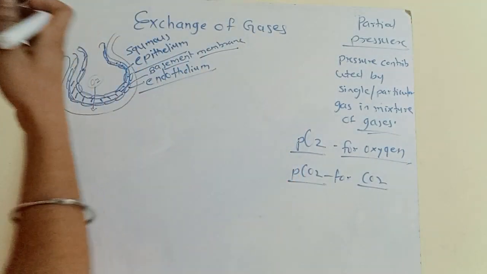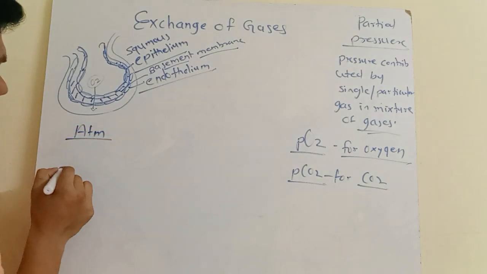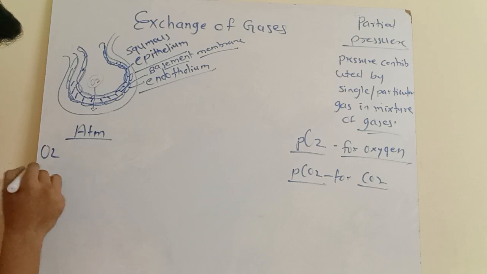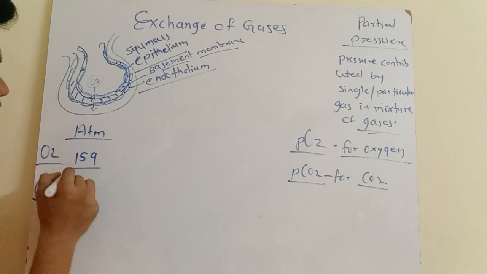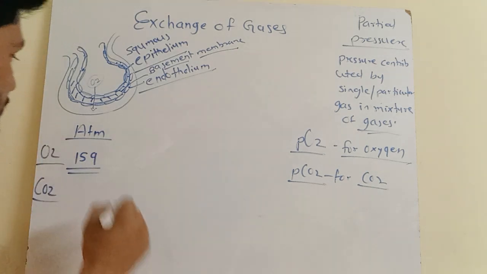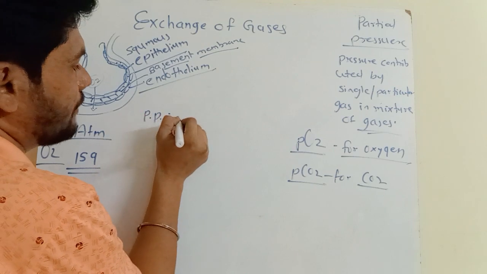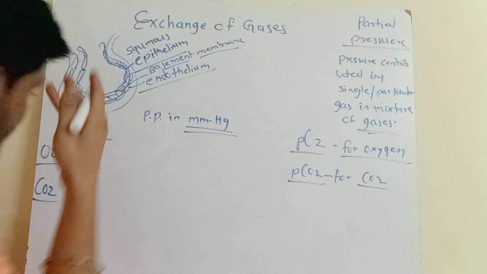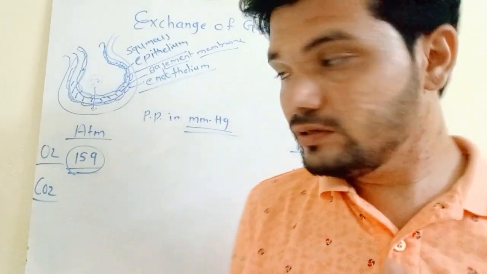So in the atmosphere, here we will write O2 and here CO2. We will write partial pressure in mmHg. In the atmosphere, there is a much higher partial pressure, almost 159 mmHg.